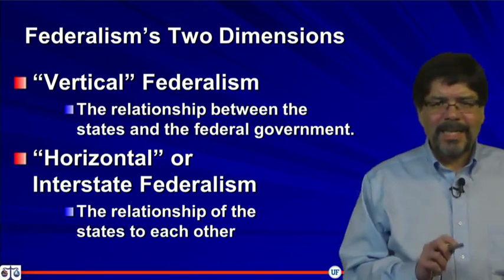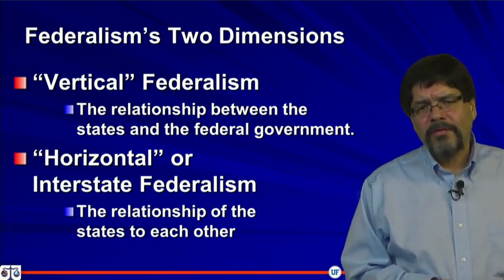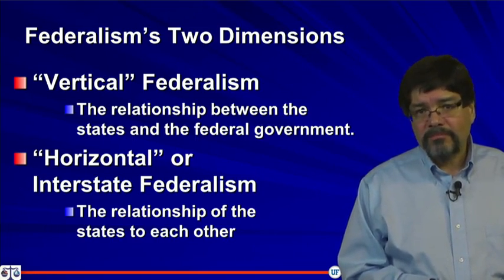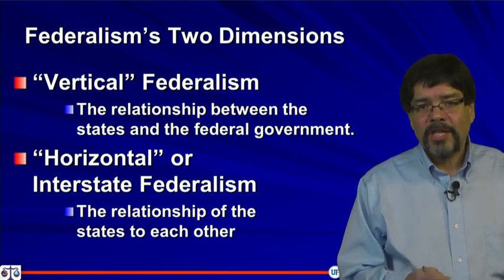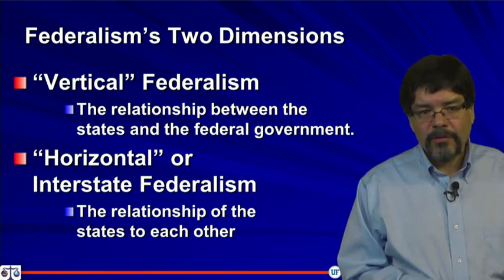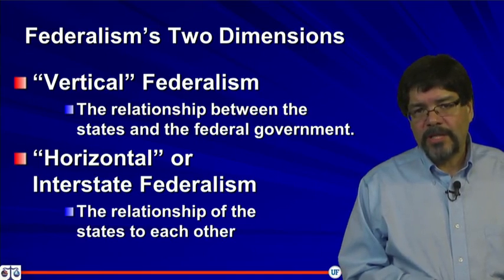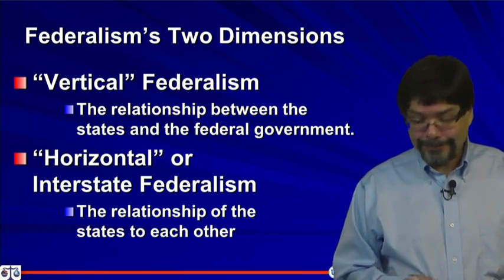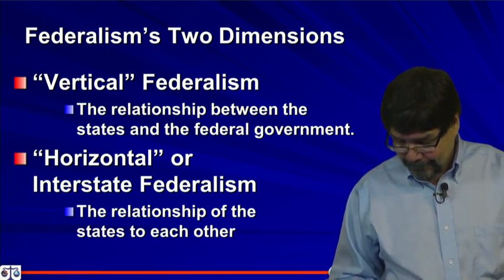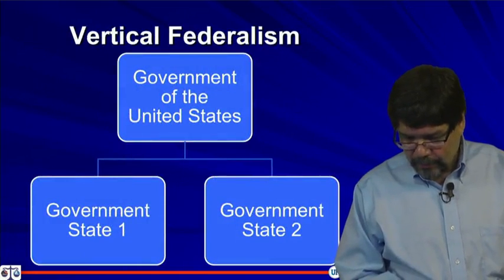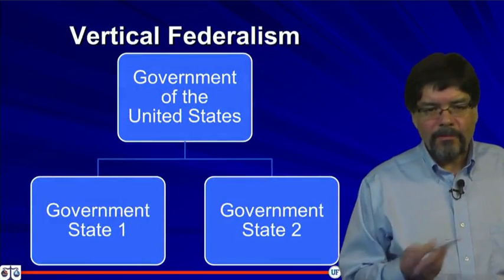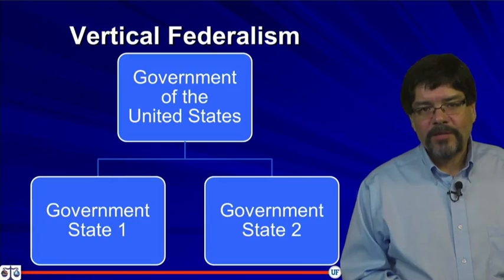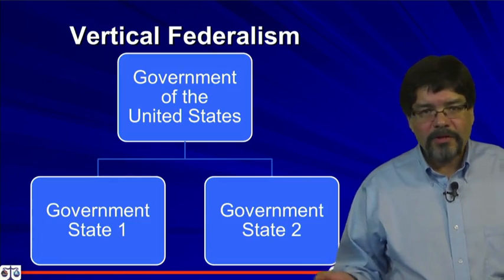But election of local officials has an important effect on federalism, of course, and in particular, the vertical type of federalism, how each state relates to the national government. But it's also important in the horizontal relationship between each one of the 50 states. To put it in graphic terms, vertical federalism simply means that we have one national government which has to relate to all of the 50 states.